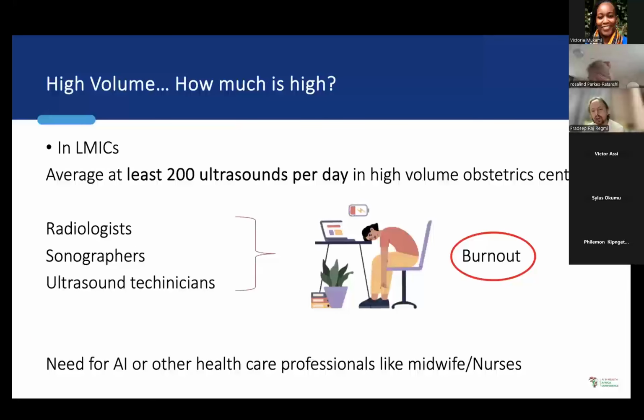But in our country like Nepal, there are about 200 cases of ultrasound per day in high volume obstetric centers. So there is the issue of burnout for all radiologists, sonographers, and ultrasound technicians, so there is definitely a need of AI for other health professionals like midwives and nurses in the peripheral part as well, to decrease maternal morbidity and mortality and come up with better fetal outcomes.